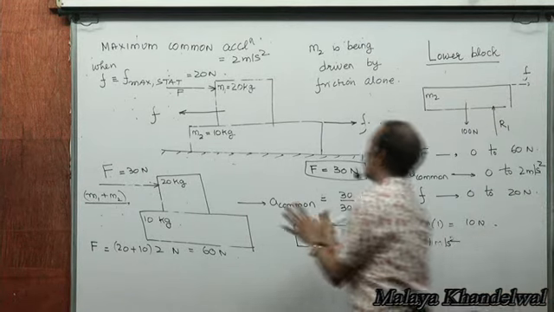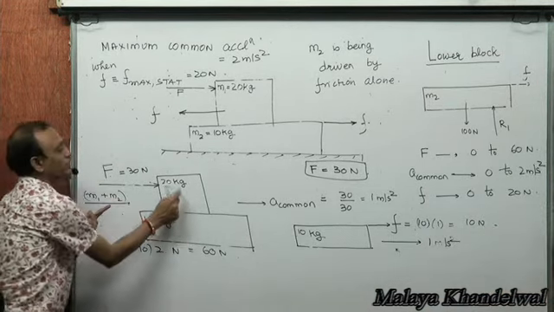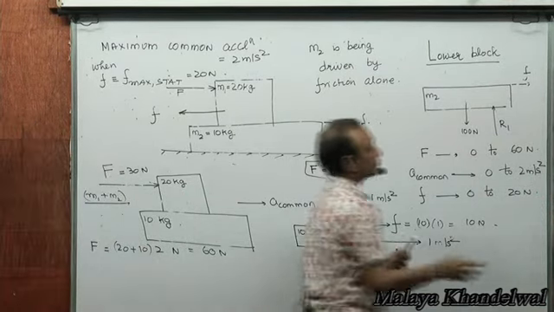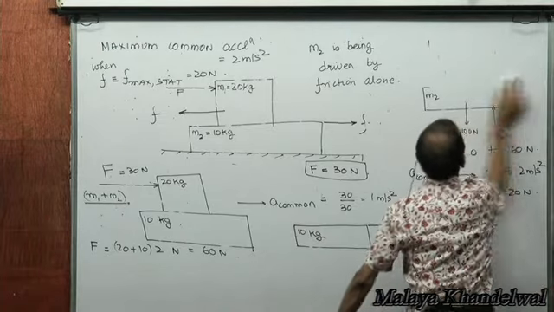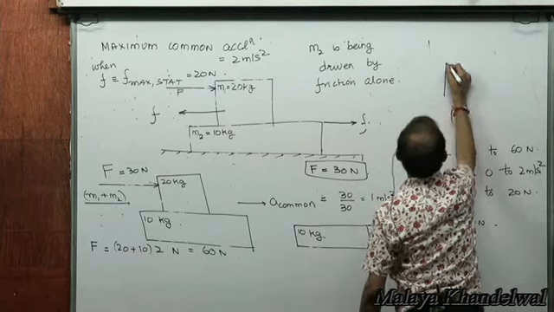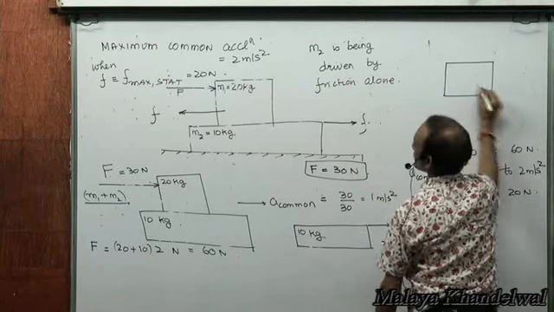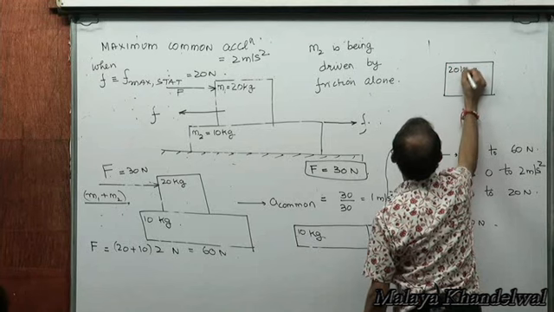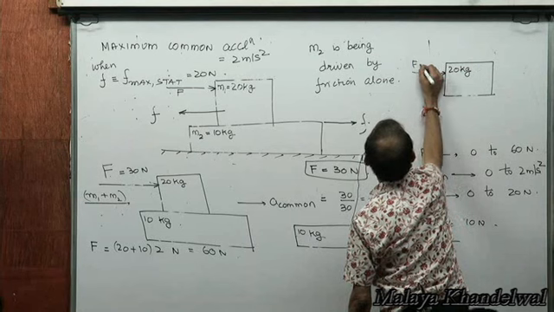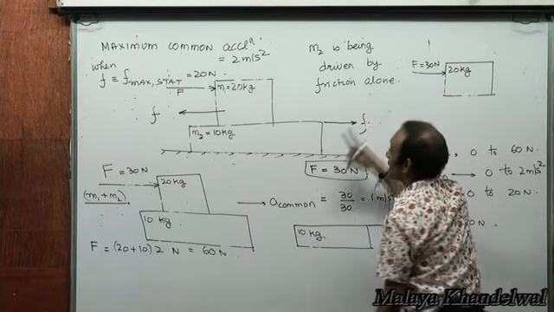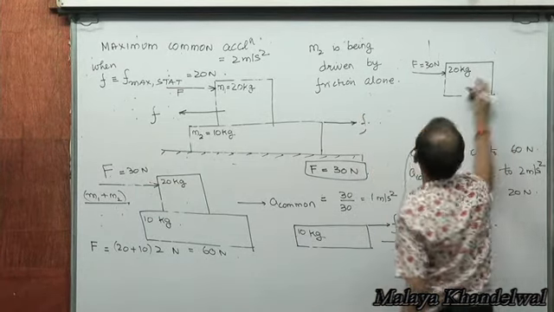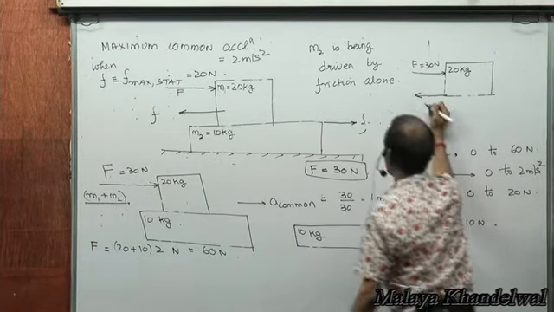Right? Now look at the free body diagram of the upper block. This is 20 kgs, this is 30 newtons. If M1 exerts on M2 a frictional force like this, M2 will exert on M1 an equal and opposite frictional force.